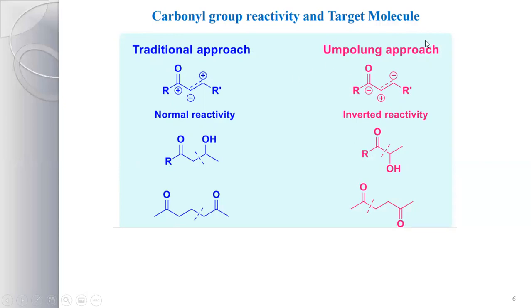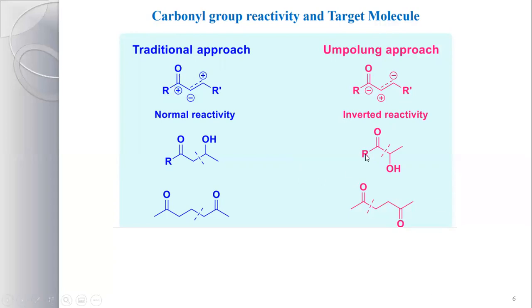In an Umpolung reaction, which means reverse of polarity, the first carbon acts as an anion, the second carbon acts as a cation, and the third again an anion. This is the reverse of the traditional one. So the Umpolung reaction is nothing but an inversion of polarity.